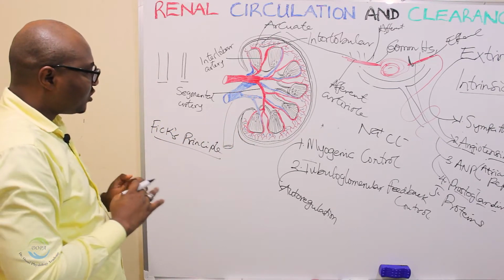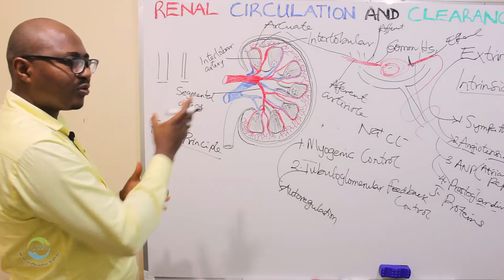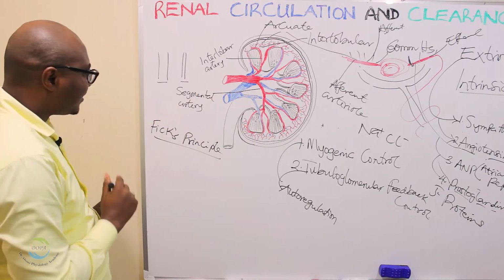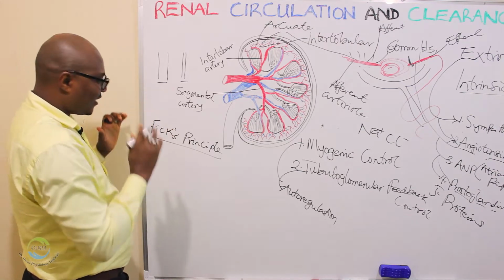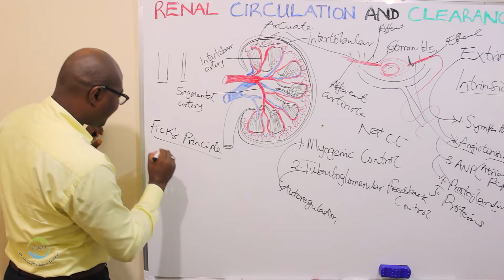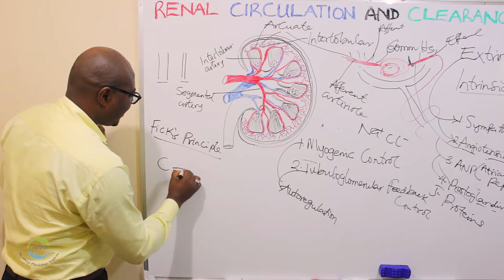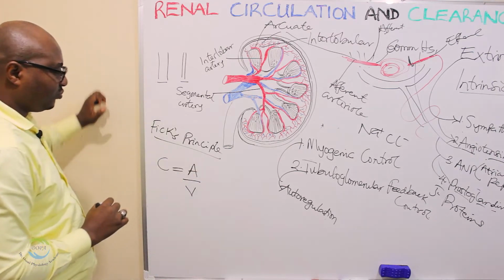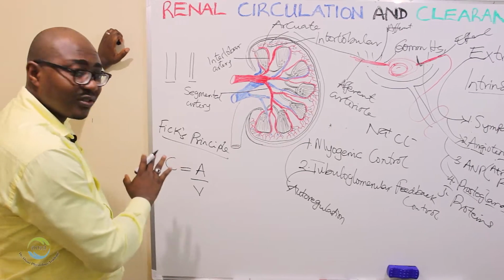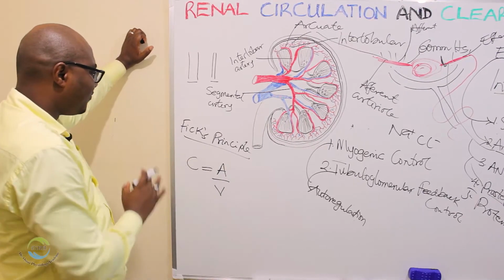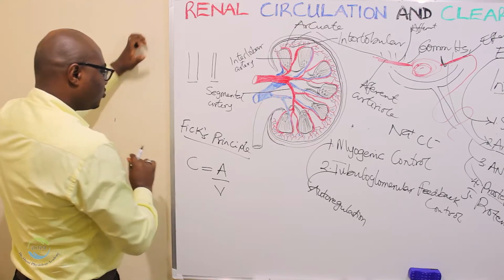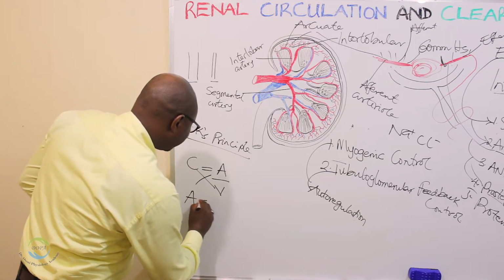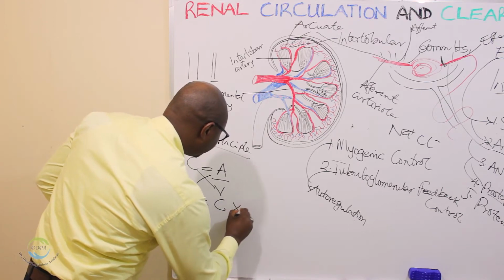Okay? So I've mentioned something, the amount of a substance. And remember that in a previous lecture, we gave a formula that concentration is equal to amount over volume. Okay? But now we're interested in amount. So amount is equal to concentration times volume.